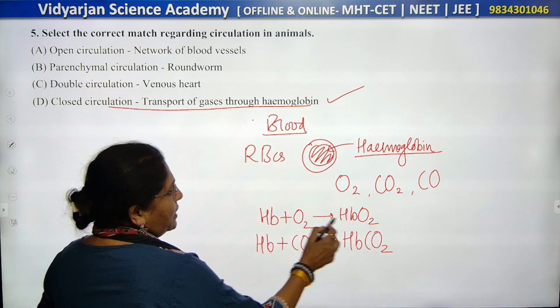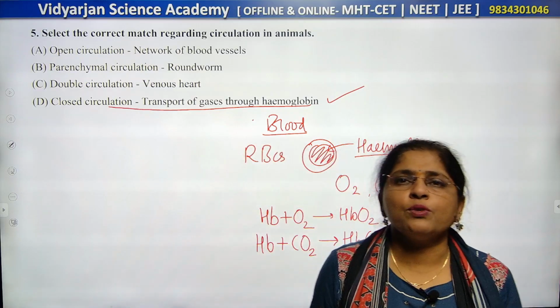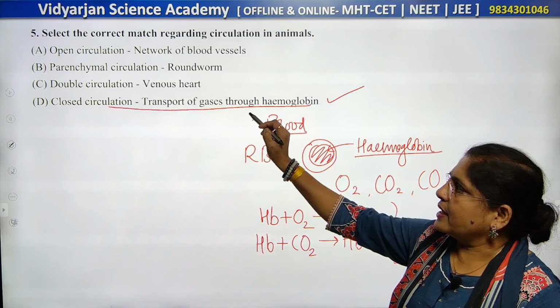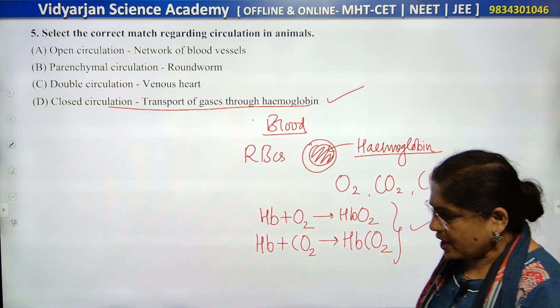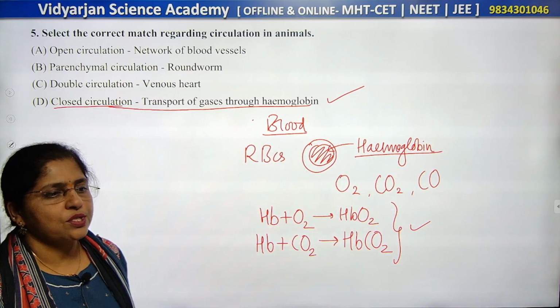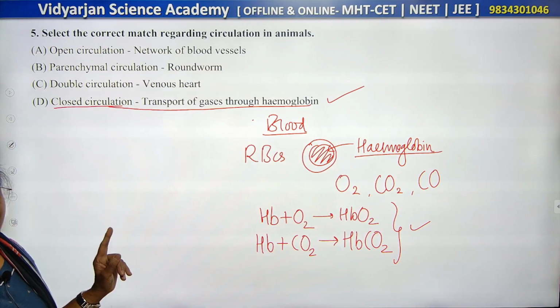Ultimately, these two are very important, as they give you the transportation of respiratory gases. That is the unique characteristic observed in case of closed circulation. Okay students, is it clear to you?